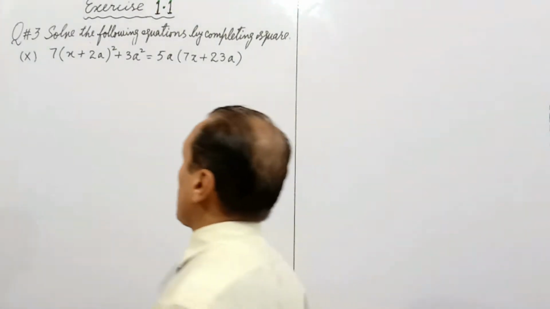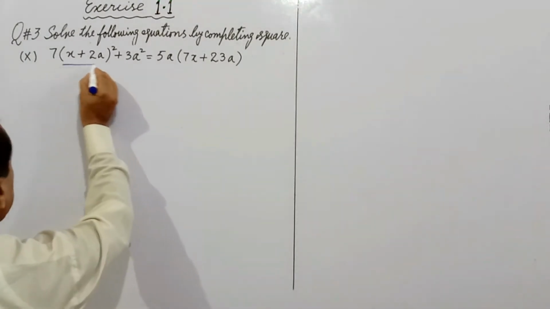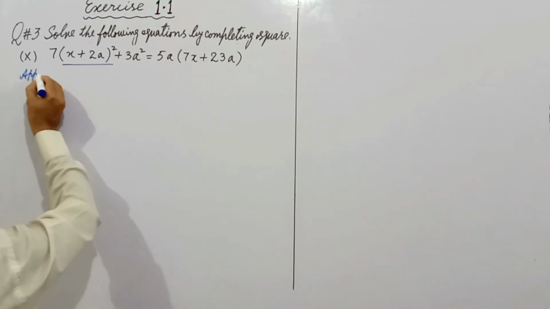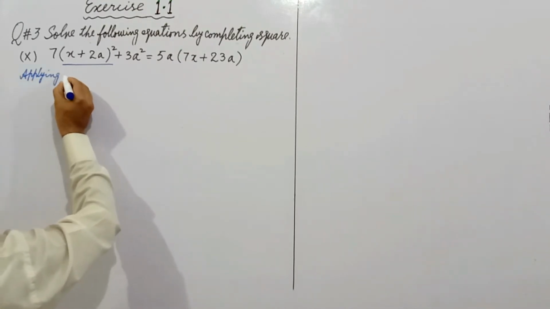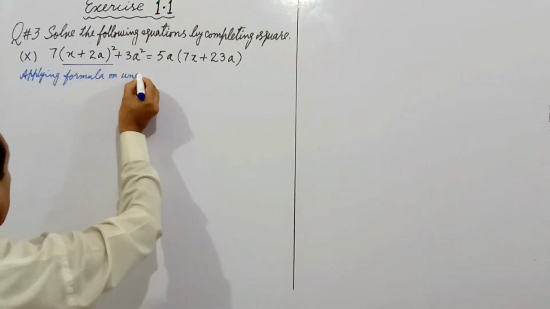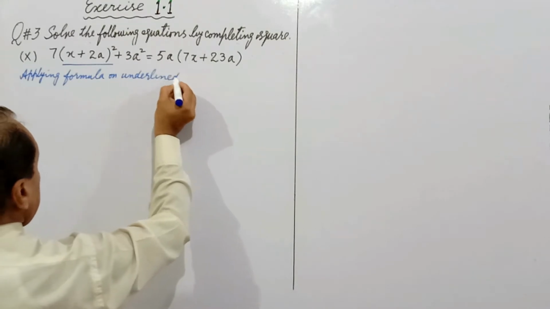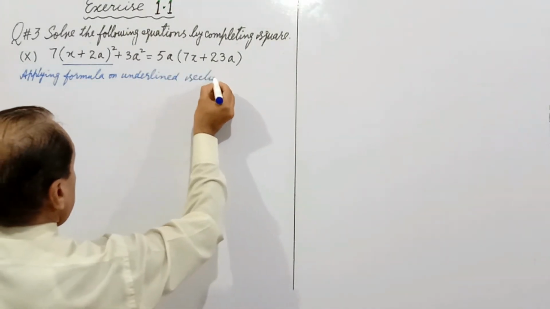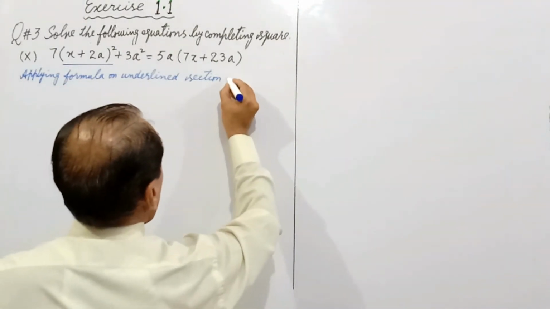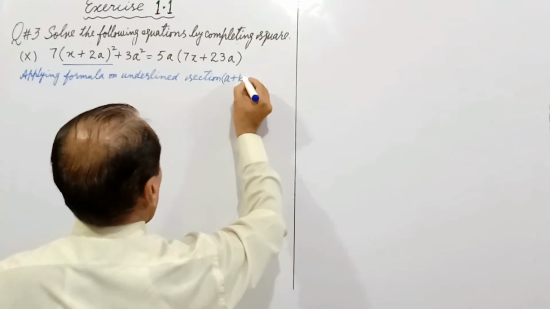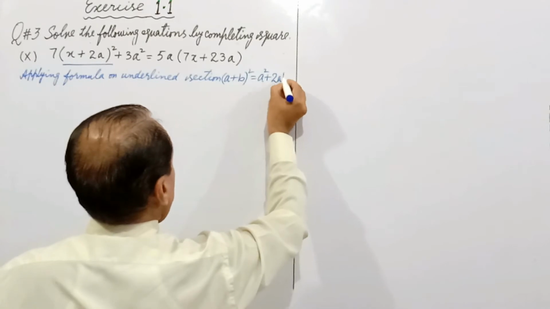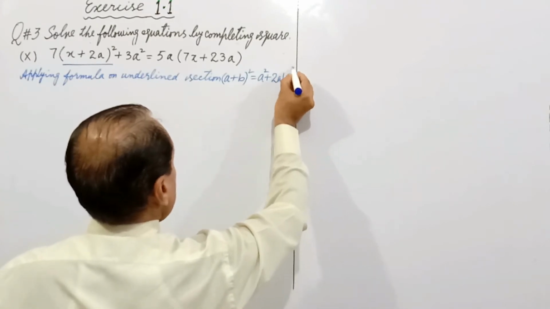For this, we have to apply a formula on the underlined section first, and that formula is a plus b whole square is equal to a square plus 2ab plus b square.